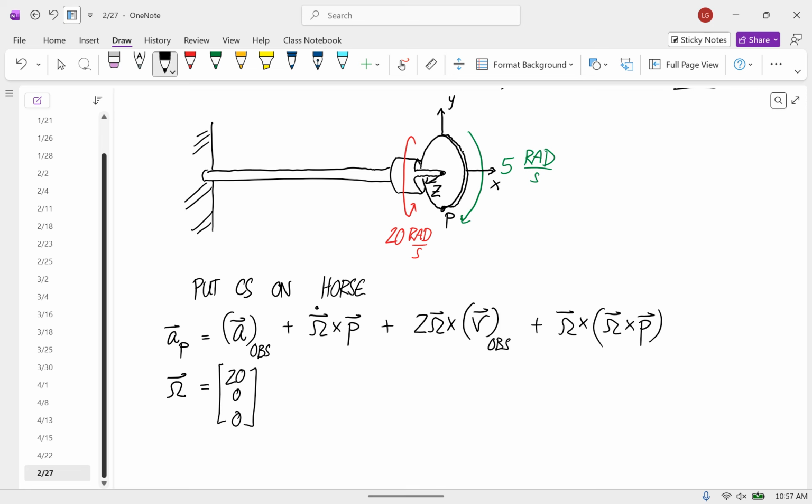Right-hand rule. So your fingers are curling with the red rotation, and that puts your thumb in the positive x direction. And then what about the angular acceleration of our coordinate system? Well, these are given as constant. If they weren't constant, we'd be told what those angular accelerations are. So this is 0.